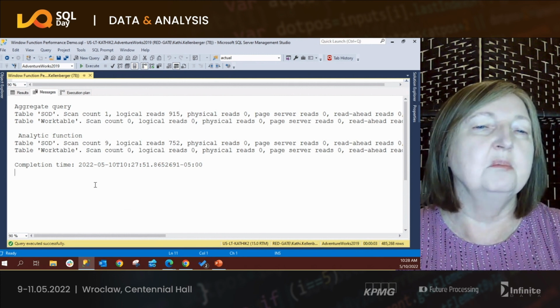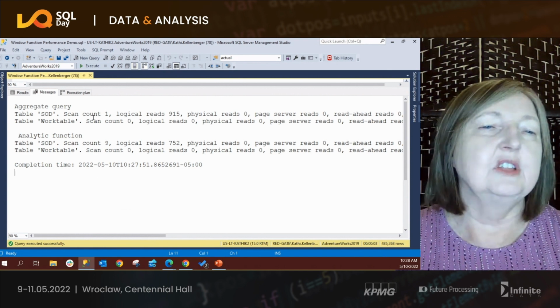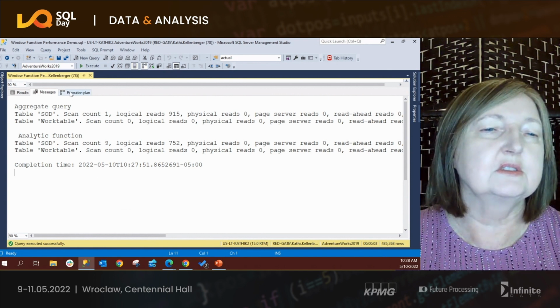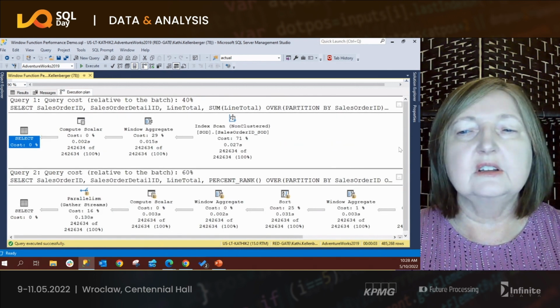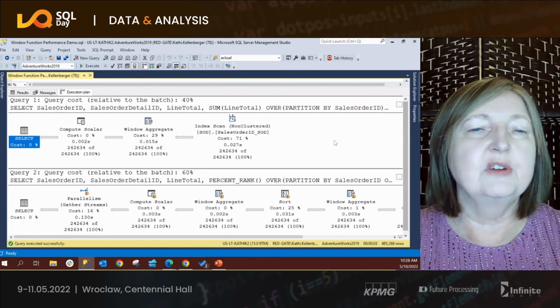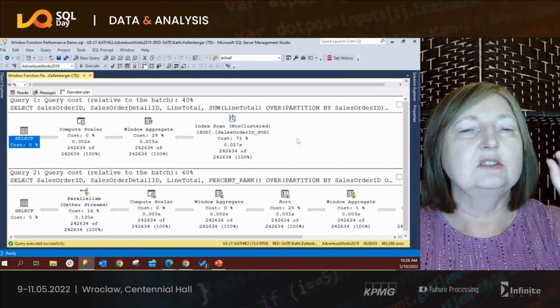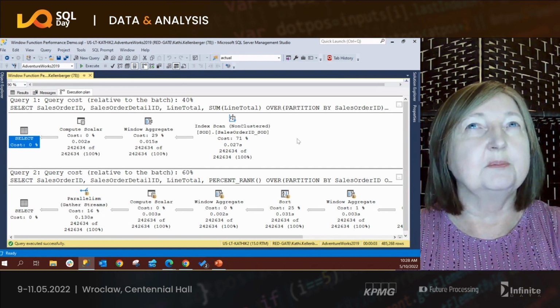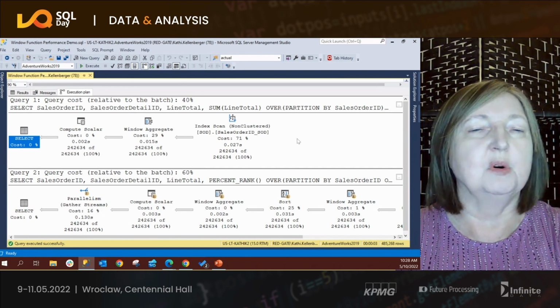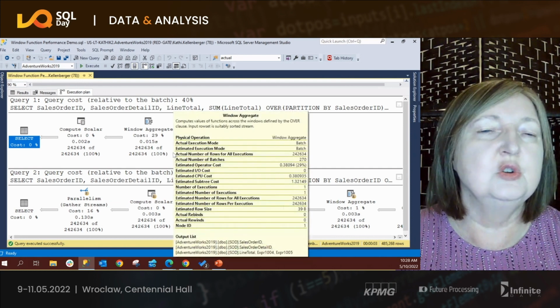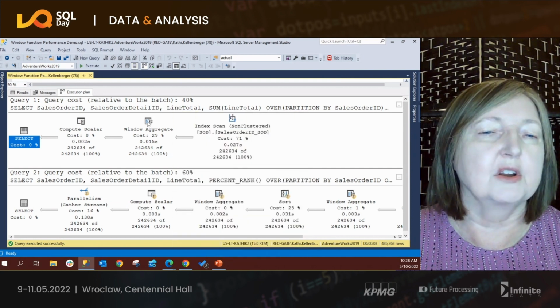This will run much faster than it would have otherwise. When I look at the execution plan, the very first one no longer shows the table spool. It now shows this new operator called window aggregate.